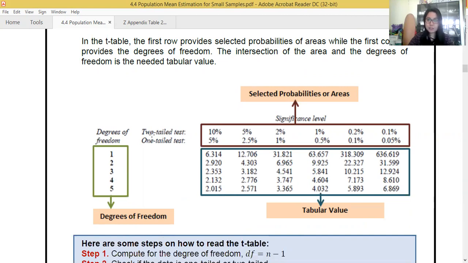Next, check: is it for a 2-tailed test or a 1-tailed test? For this lesson, let's have the 2-tailed test first. Then check the significance level. At 10%, it means a 90% confidence level. So you have 4 at 90%, so a 10% significance level. The answer is 2.132. That's the tabular value.